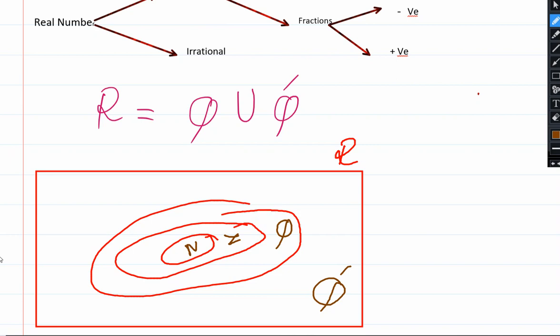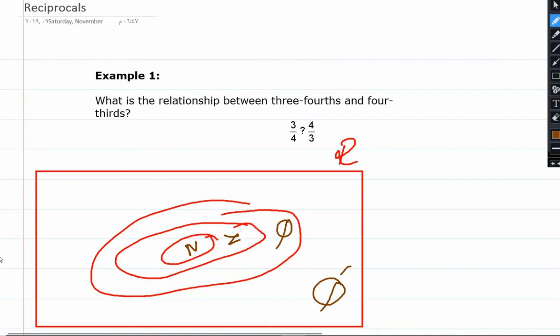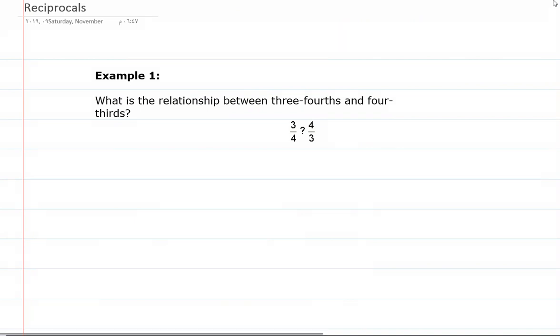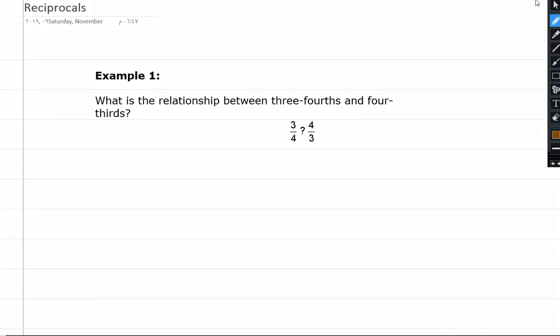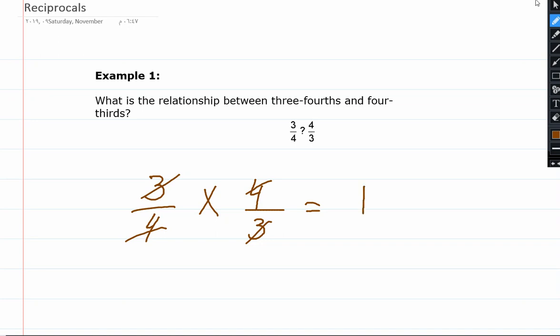What about the reciprocal? I wanted to know what the reciprocal is. If I ask you what the relation is between these two fractions, 3/4 and 4/3, what is the relation between them? If I multiply 3/4 times 4/3, simplifying, 3 by 3 is 1, 4 by 4 is 1, so the answer is 1.